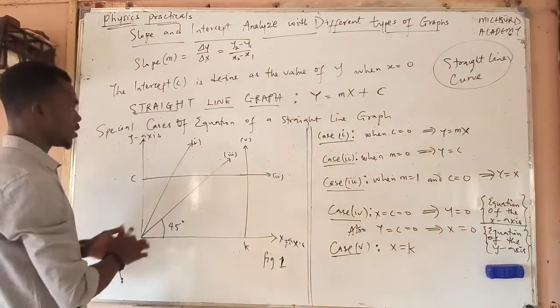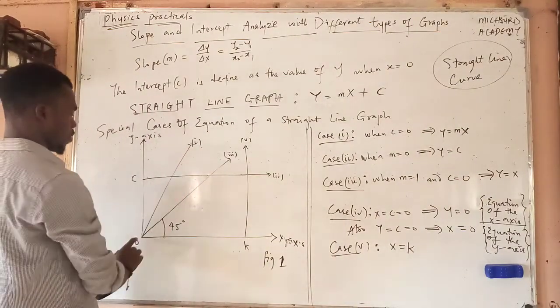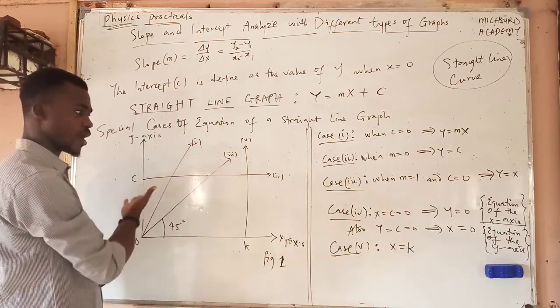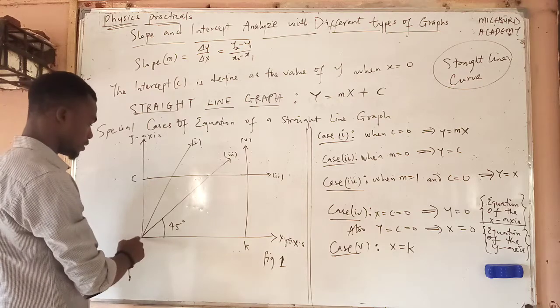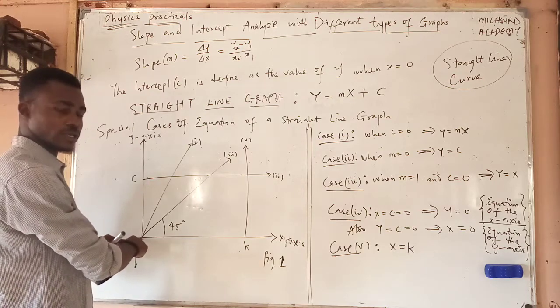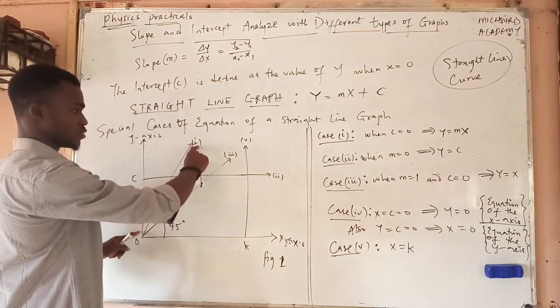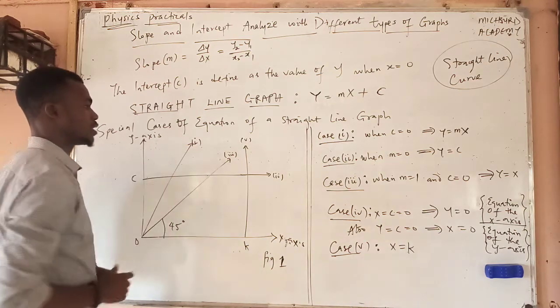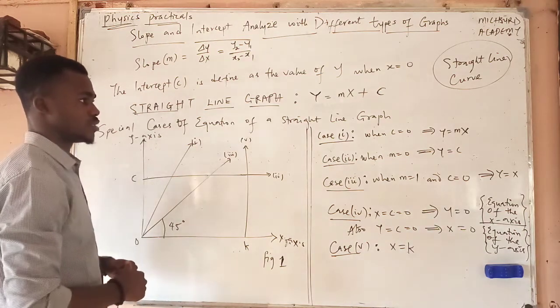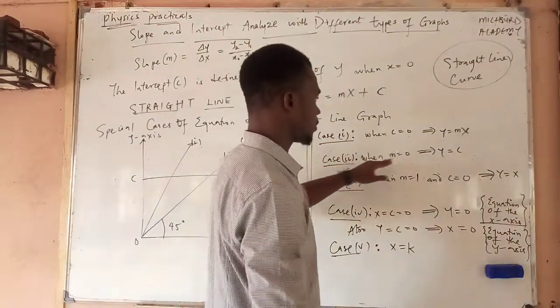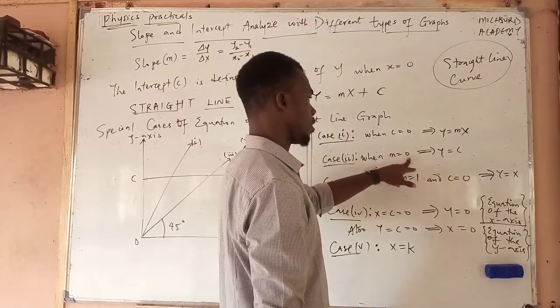So the line will pass through the origin because there is no intercept on the y-axis; the intercept is actually 0. So it will pass through the origin. That is where your intercept is equal to 0.